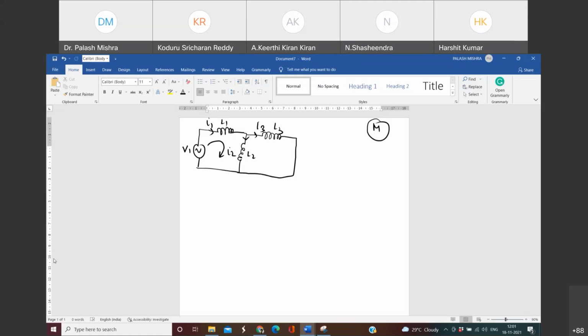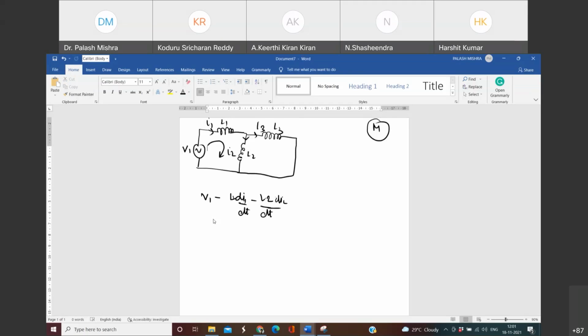Can someone tell me the KVL equation in the first loop? Any one of you? V1 minus L1 di1 by dt, minus L2 di2 by dt.